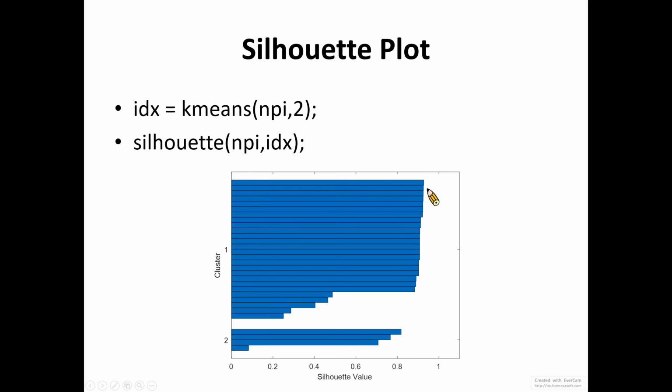In this classification, it seems that the silhouette scores are quite good because, for example, in the first cluster, most of the cases have silhouette values close to 1, and similarly in the second cluster the silhouette value is also very high, but there are a few cases with poor silhouette values.